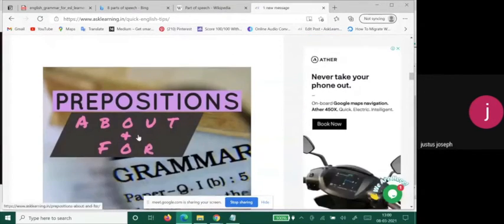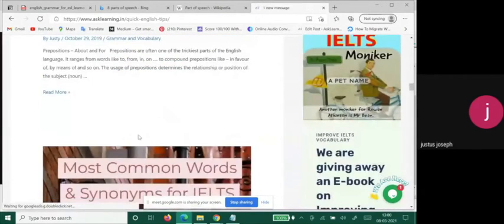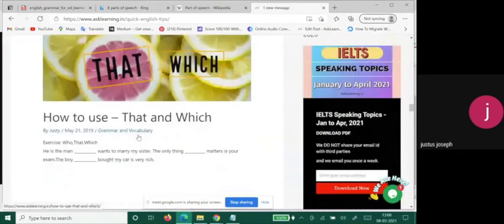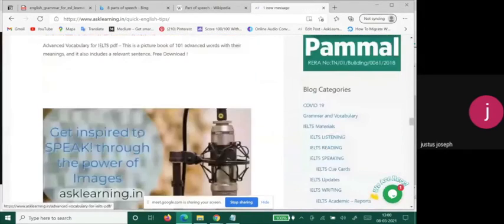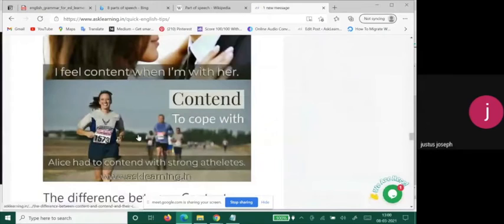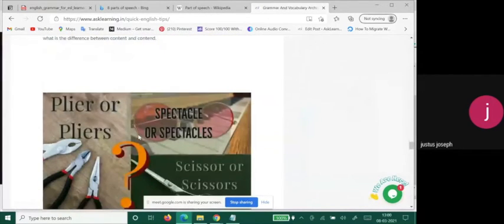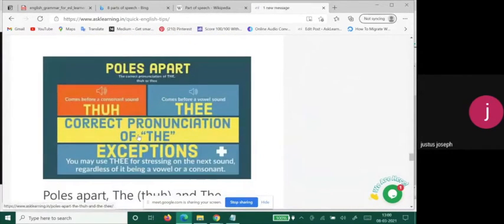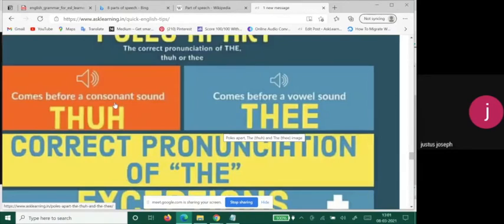There is an article that you will find on our website which answers this question. The or the. If you look at this picture itself, it's clear. It can be understood by this picture.